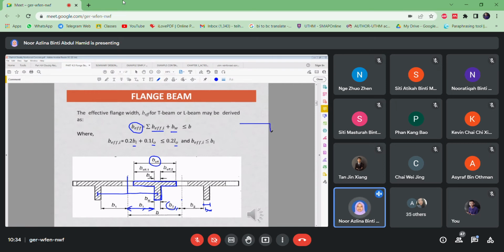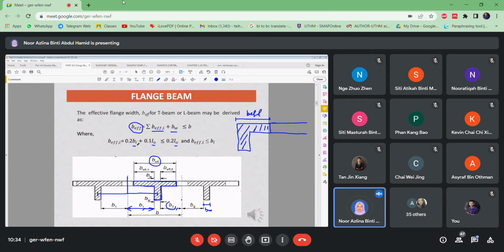Kalau L beam, okay, kalau L beam, so ni ada slab lain lah. So this is the L beam. Sama juga, ni adalah B effective. But because of L beam, it only has BI, it only has one side, right?